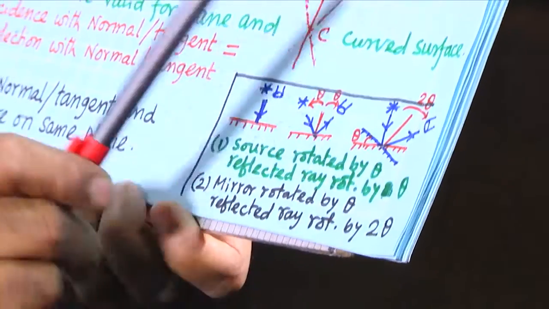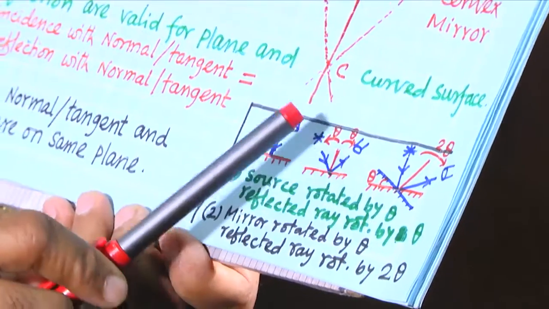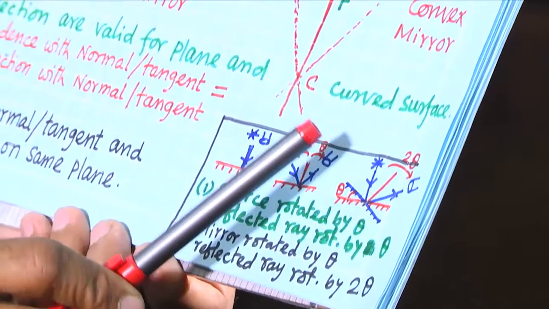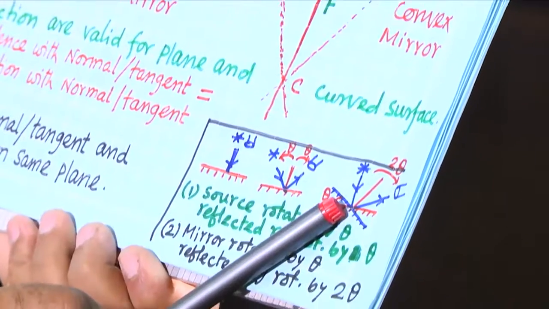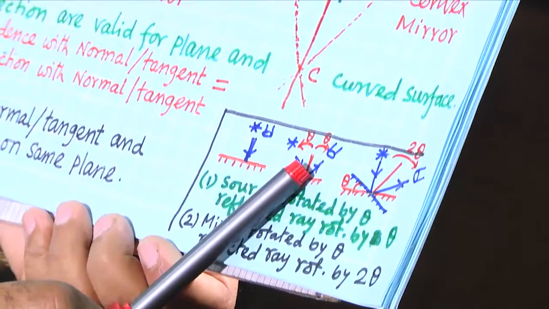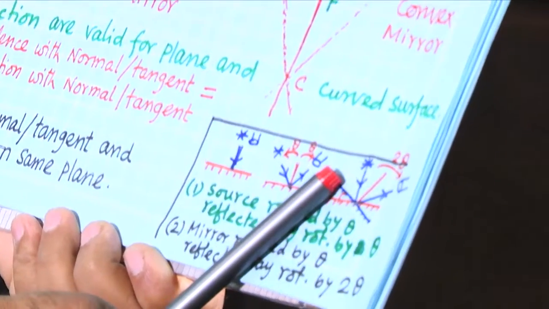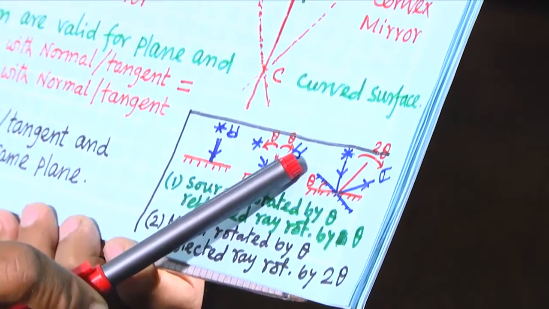Although in both cases the incident angle is theta, when you rotate the source, the detector has to rotate by theta.